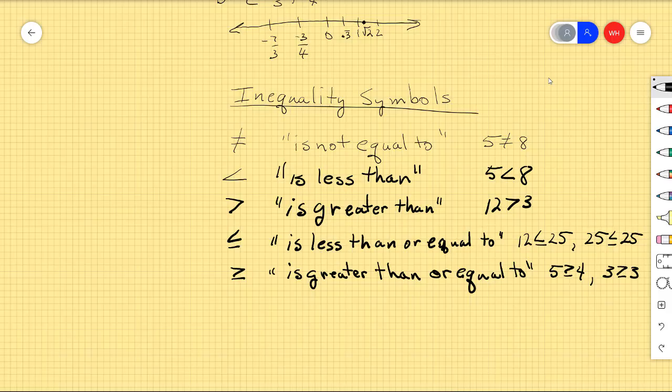All right, the next symbol is the approximately equal to, so squiggly equal sign. And my favorite example is saying pi is approximately equal to 3.14.